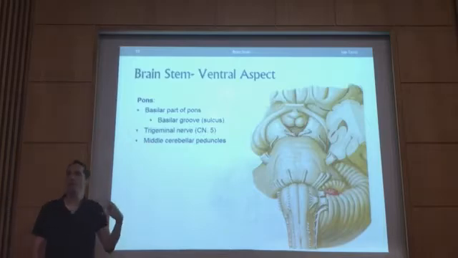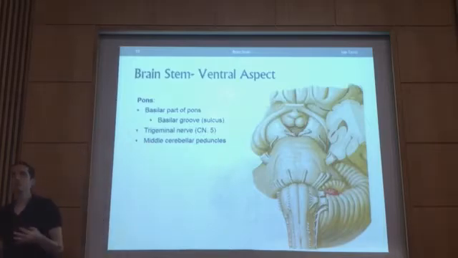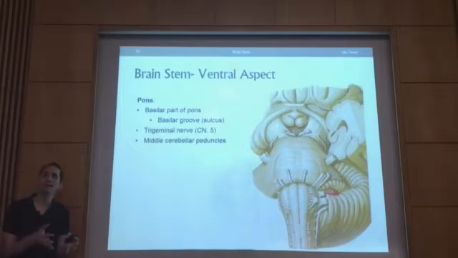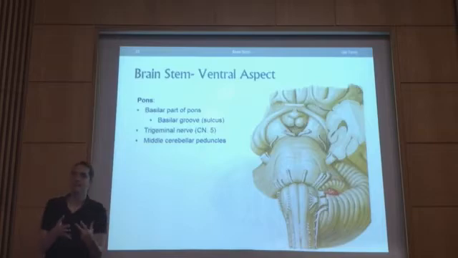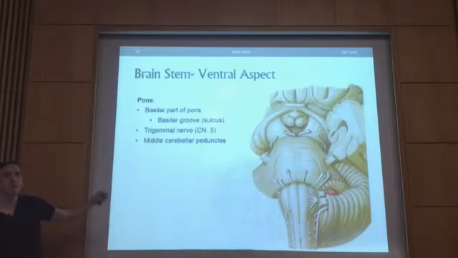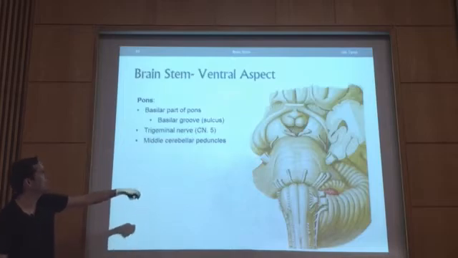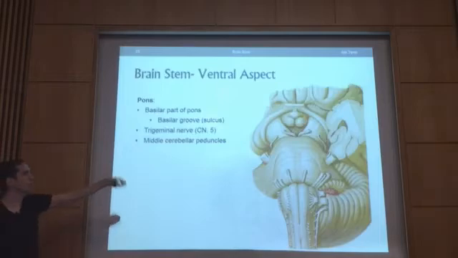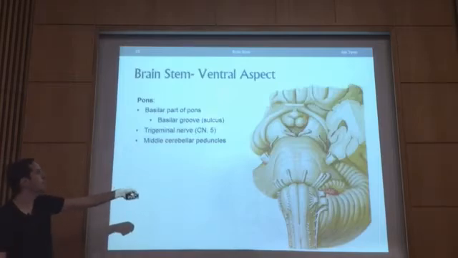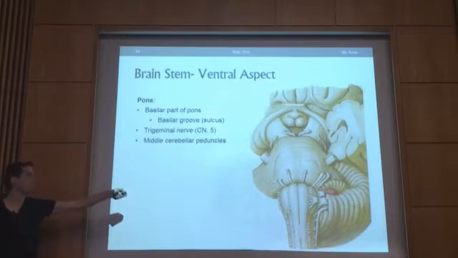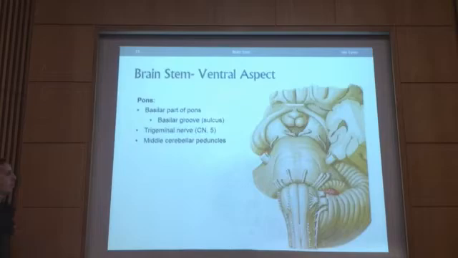If you learned about the cerebellum, you know that the cerebellum is connected to the brainstem through three legs: the superior, middle, and inferior cerebellar peduncle. So this is the middle cerebellar peduncle that connects the pons to the cerebellum. And the border between the basilar part of the pons and the middle cerebellar peduncle is the fifth cranial nerve, the trigeminal nerve. So this is the basilar part of the pons, this is the middle cerebellar peduncle.